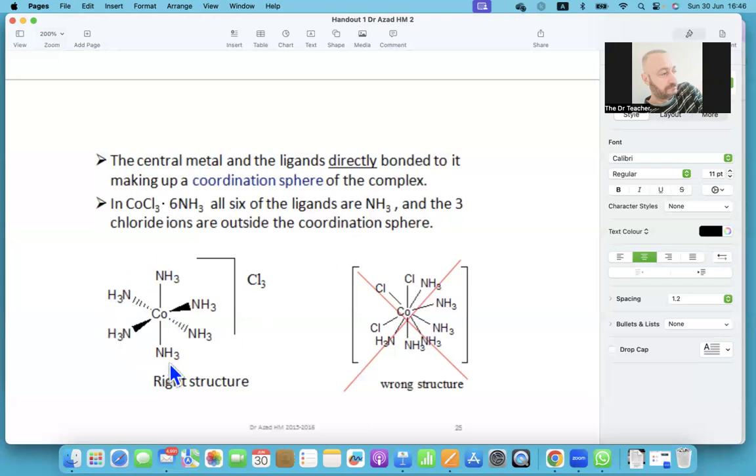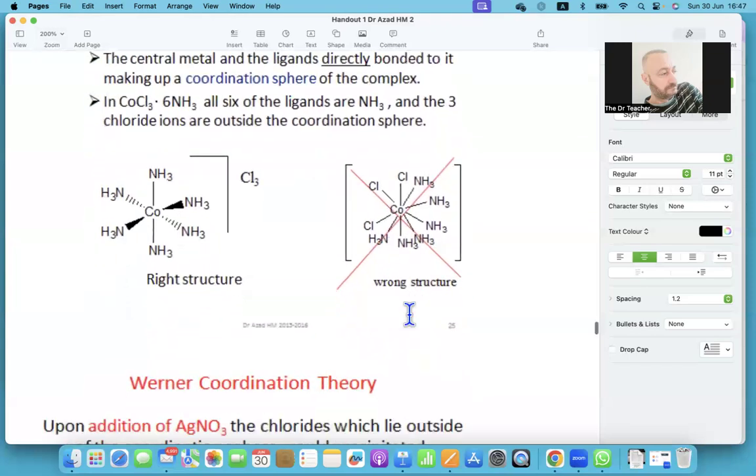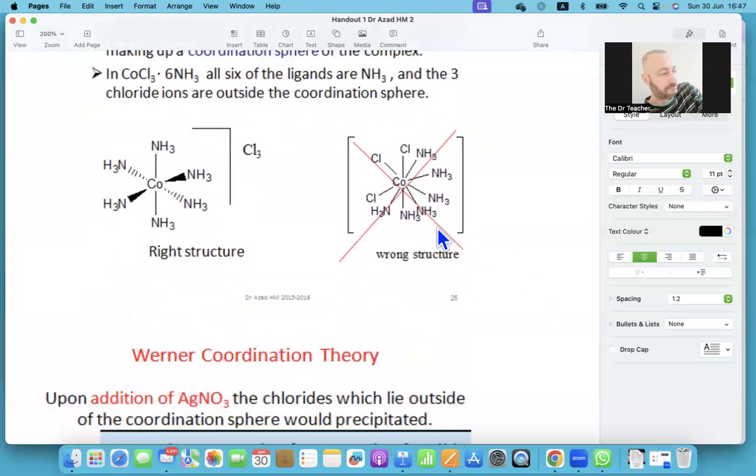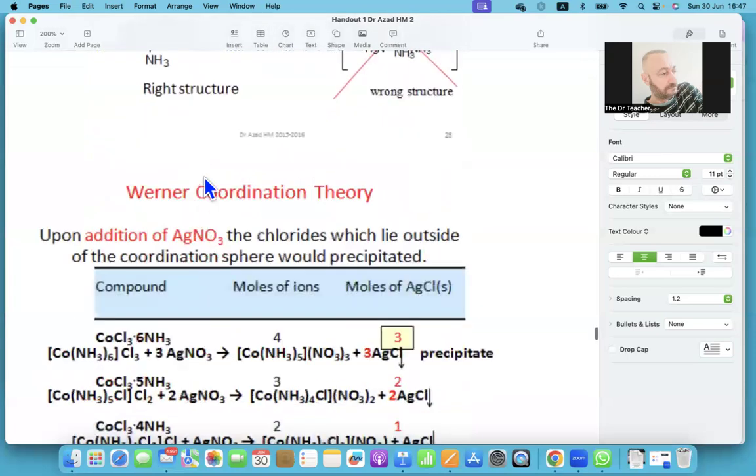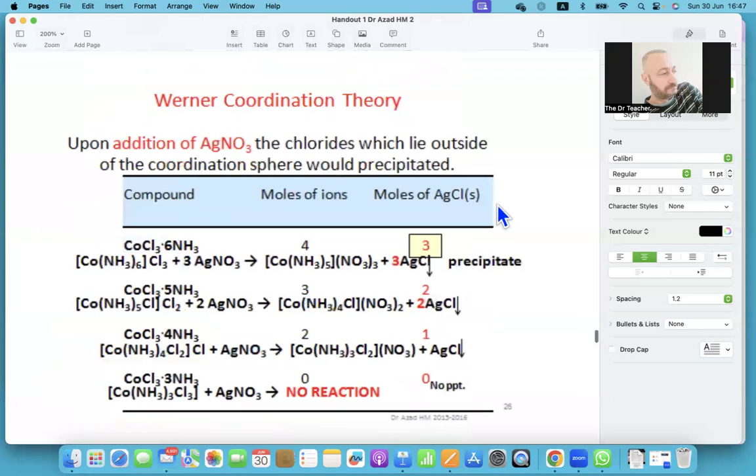So this complex is the important one. If you mix up and put everything inside, bonded to the cobalt, this is not allowed. It's not possible, because the maximum number of bonds for the cobalt is 6, no more than 6. This is pretty obvious. So now we come to the Werner coordination theory.